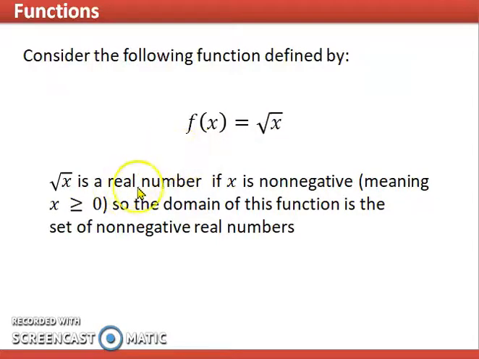We know that square root of x is a real number if x is non-negative, meaning x is greater than or equal to 0. So hindi pwedeng maglagay ka dito ng value ng x na negative. Kailangan ang value ng x dito ay 0 lang or a positive number. So the domain of this function is the set of non-negative real numbers.